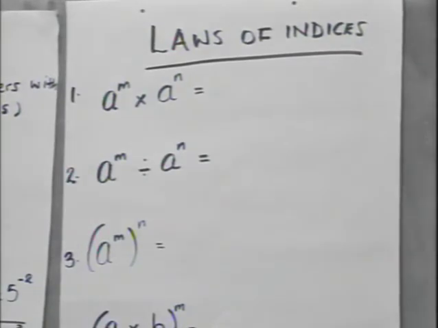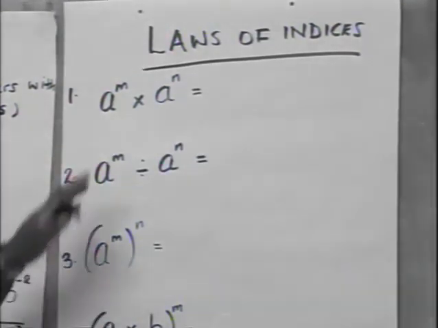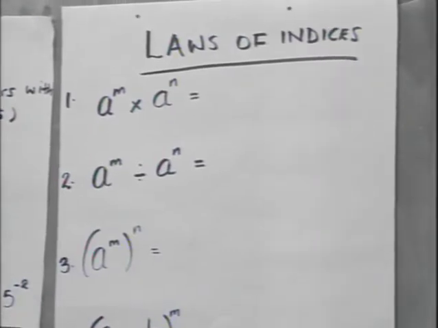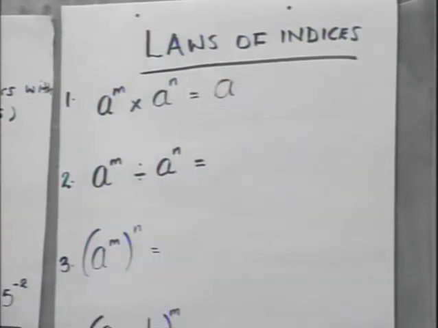The rule is that if you multiply numbers with the same base, Andrew, what do you do? Add the indices. So what would the answer to this be? It will be A to the power of m plus n.